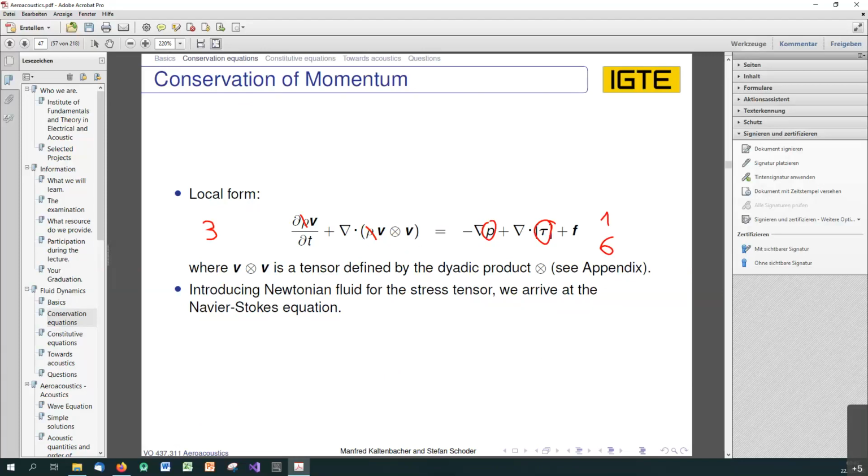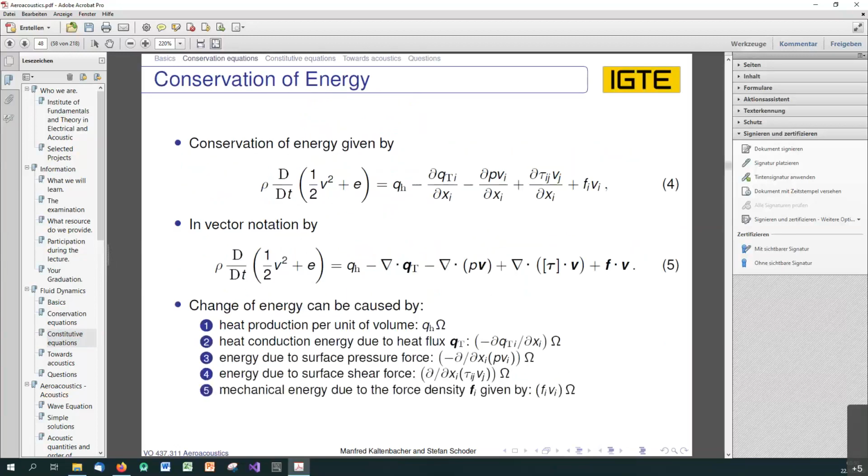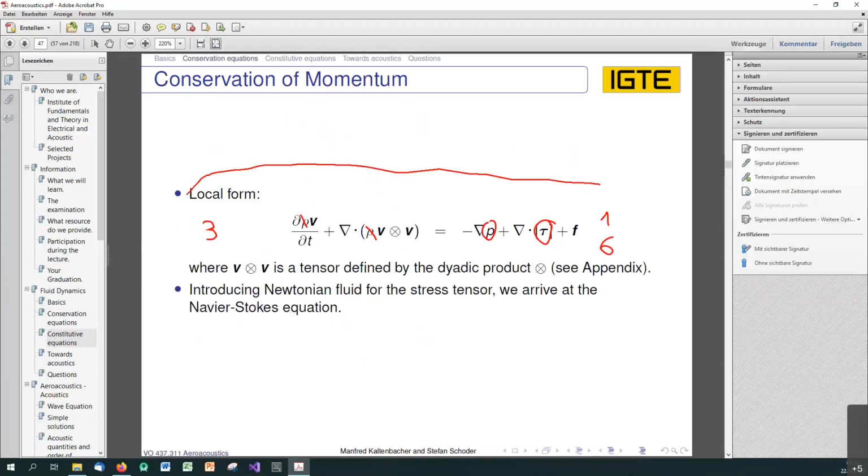Not very good. This is why we come up with this model here, and this relates the stresses to the velocities. This means we have now 4 equations and more or less only 4 unknowns, because it's already related by this constitutive equation, and now we are fine and can solve this.